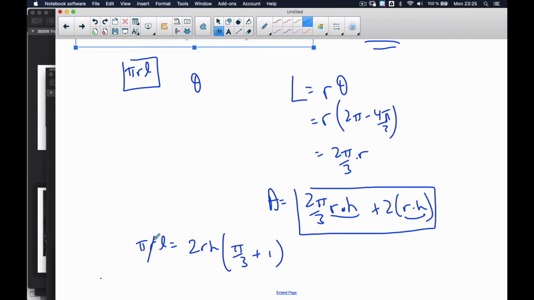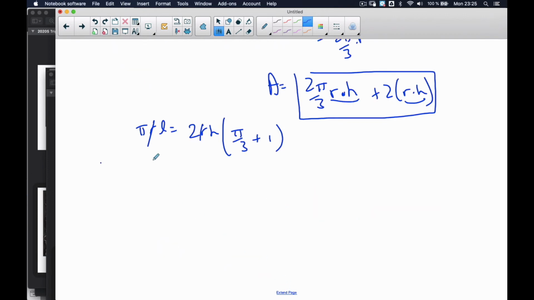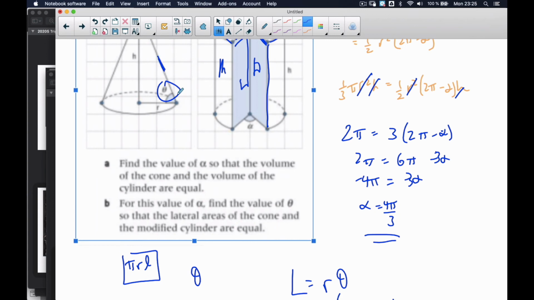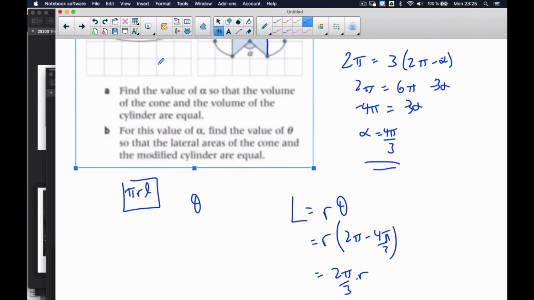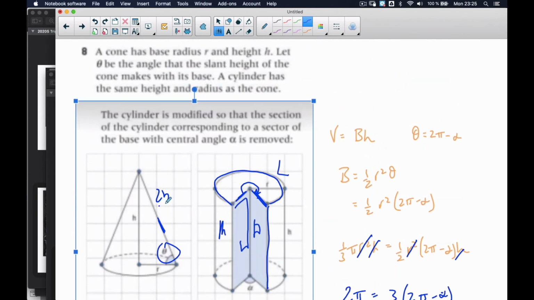So I can get rid of R. And so L, a little messy, L is equal to 2H divided by pi times (pi over 3 plus 1). This length here is going to be 2h over pi times (pi plus 1) is this length here.